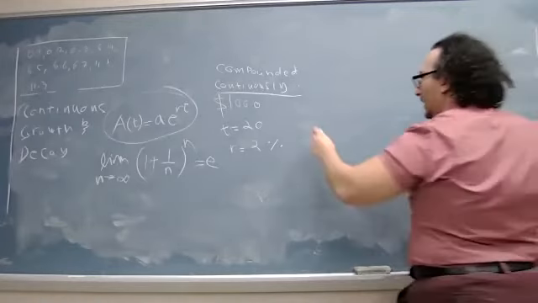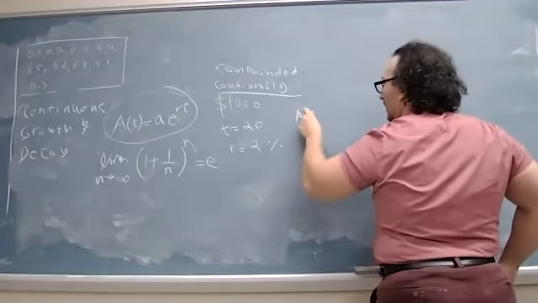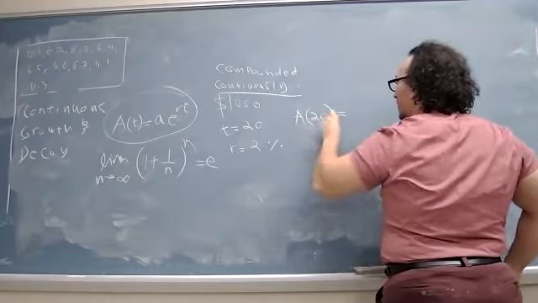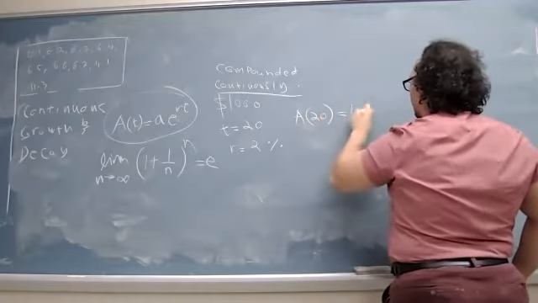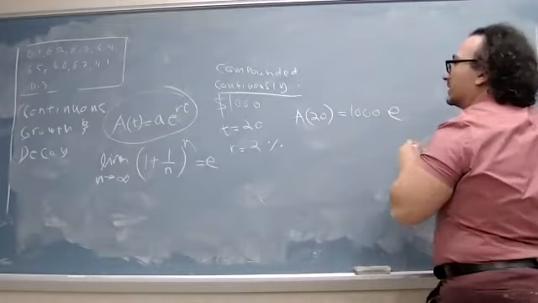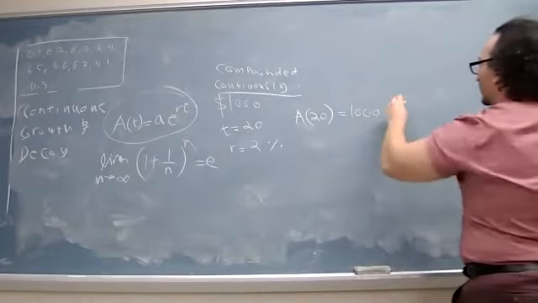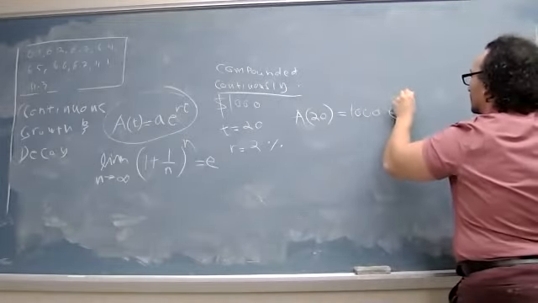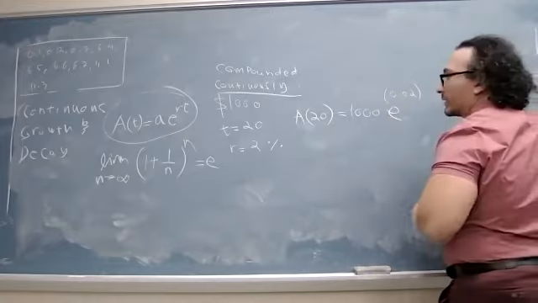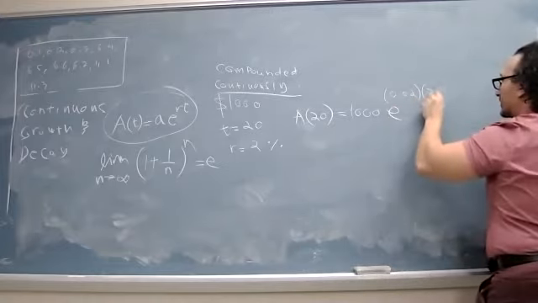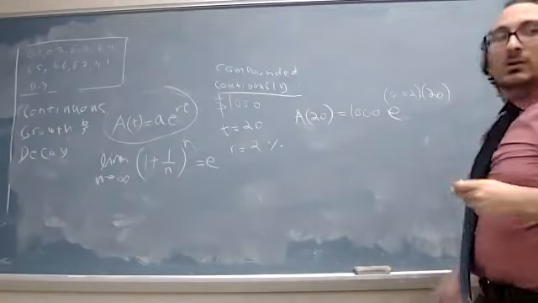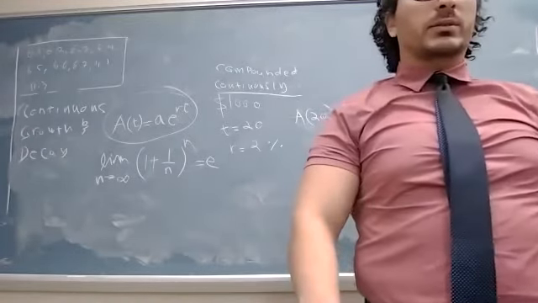Well, let's calculate it. A of 20 will equal the principal amount invested times e raised to some rate, 0.02, your interest rate, times the amount of years, 20. So let's see what we get here when we do this calculation.